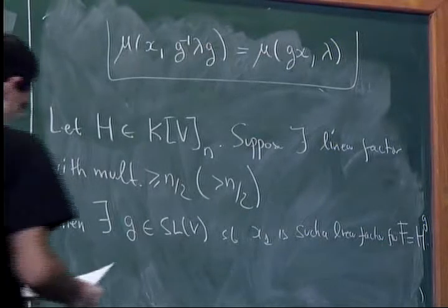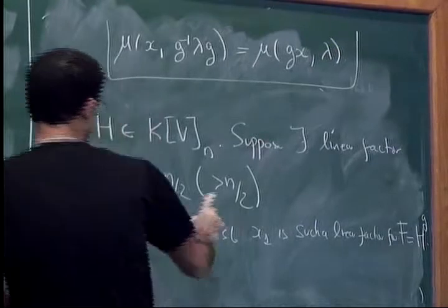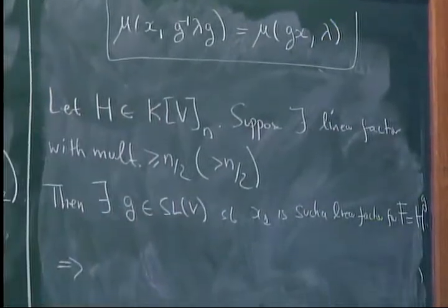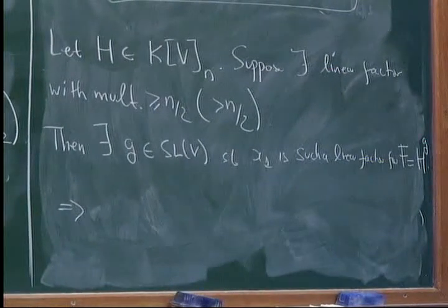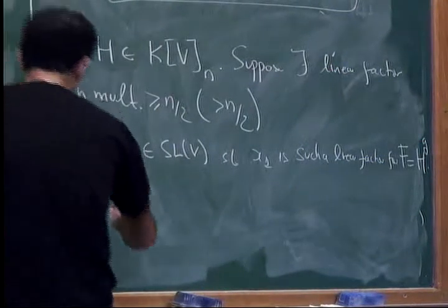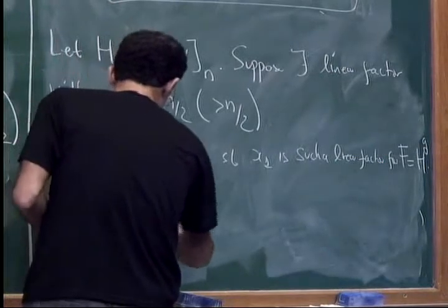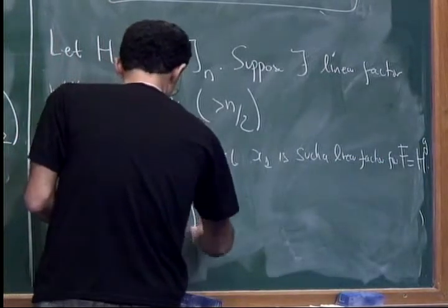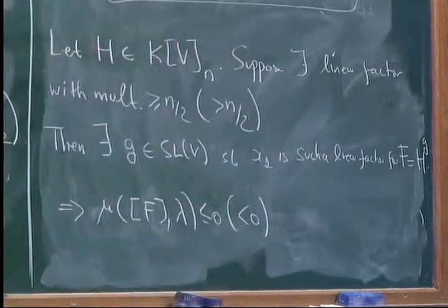Yeah? And then what you see is that x1 is a factor with multiplicity at least n over 2 or higher than n over 2, and then that implies that mu of f lambda is less or equal than 0 or less than 0 for lambda of this form.